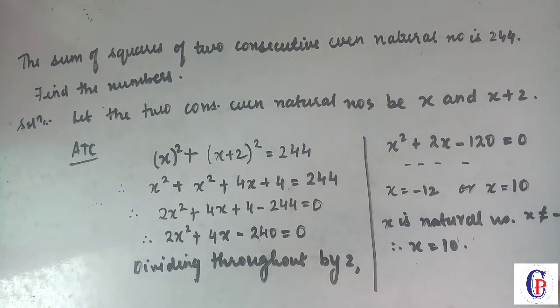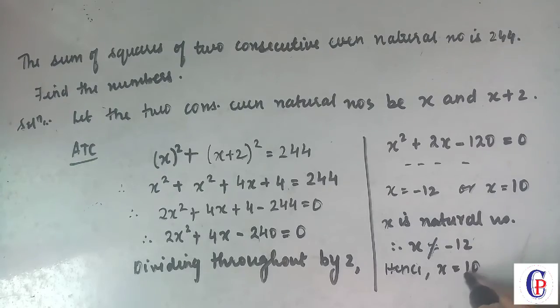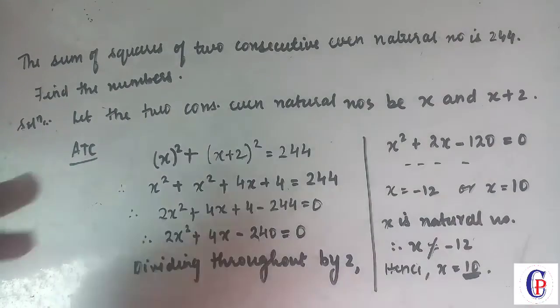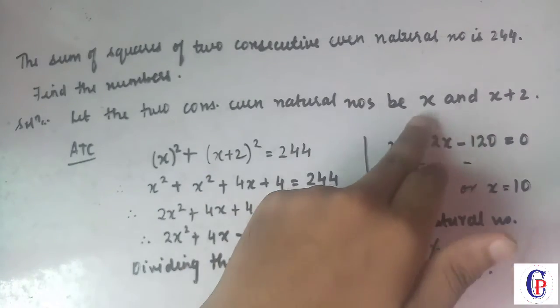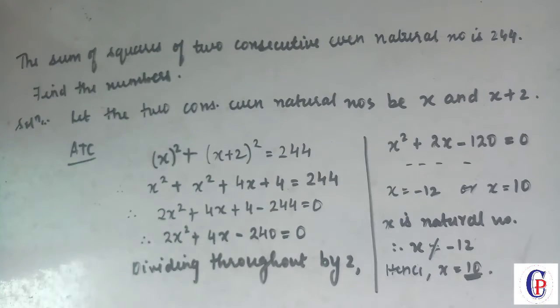That is, x is not minus 12. Hence x is 10. And x is 10 means what? That the two consecutive even natural numbers are 10 and 10 plus 2, that is 10 and 12.